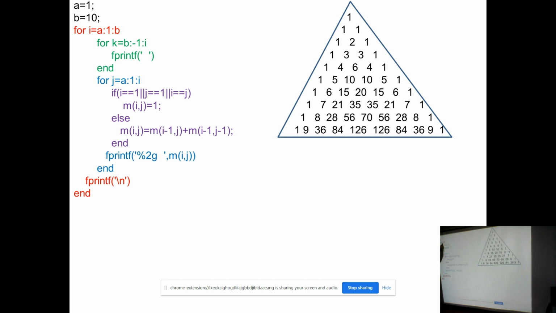because a started with 1, incremented by 1, so i will become 2. I becomes 2 because it started with 1. Now it is incremented by 1, that means i will become 2. So this b is 10. 10 to minus 1 to 2.